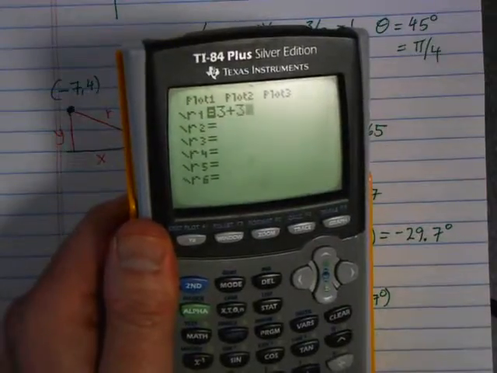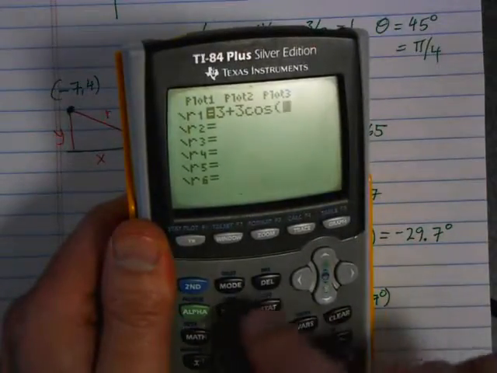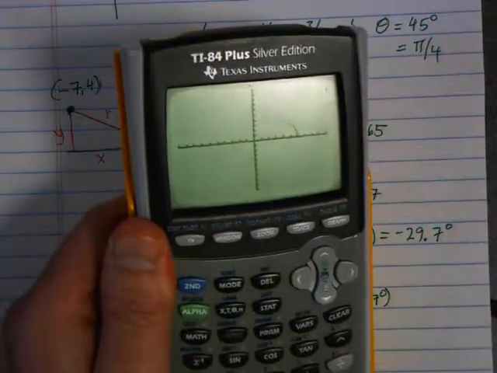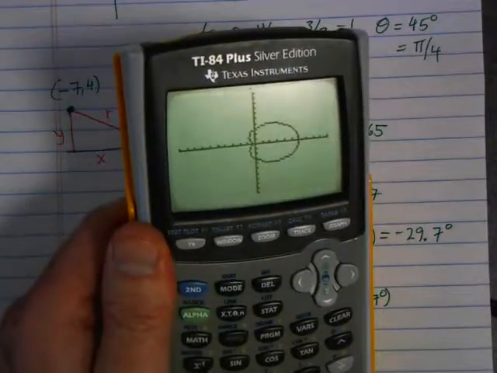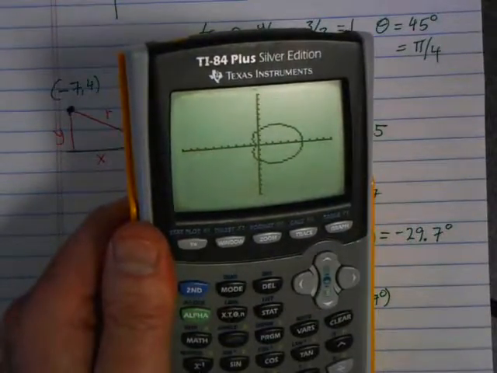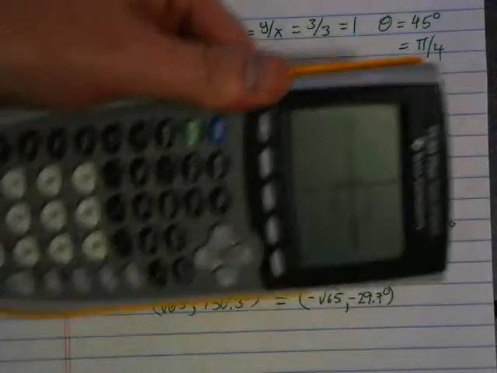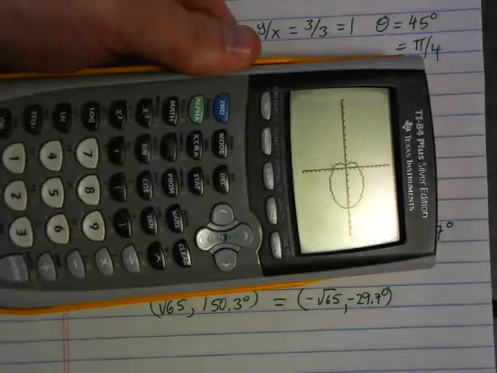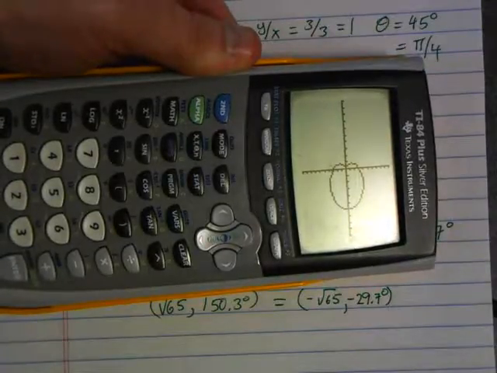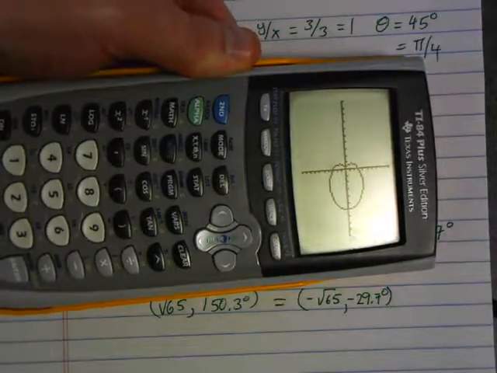Three plus 3 cosine theta. What's that? Peach. It looks like a peach or an apple.